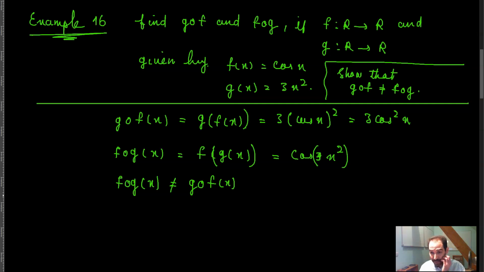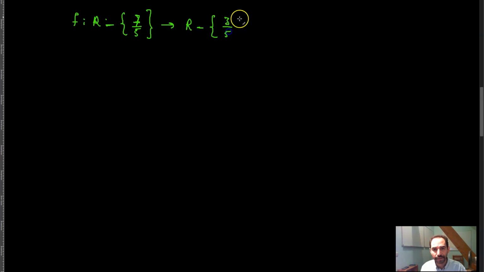Now example number 17 is basically you want to show that if f is a function from R minus 7/5 to R minus 3/5, so the domain of your function is R minus 7/5, and the codomain of your function is R minus 3/5, which is defined by f of x is equal to 3x plus 4 divided by 5x minus 7.